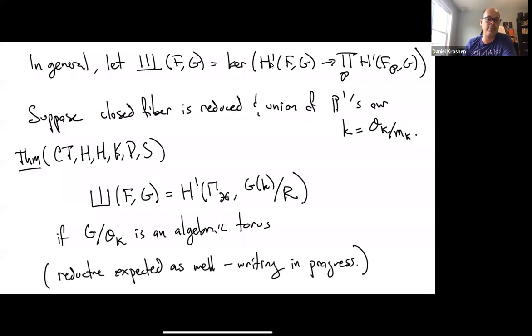And similarly, we expect a similar statement in the reductive case, which is in the process of being written. So this is just the combinatorial, let's say simplicial, cohomology of the graph.